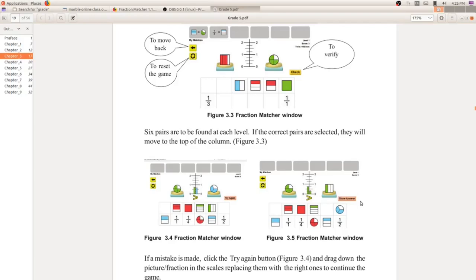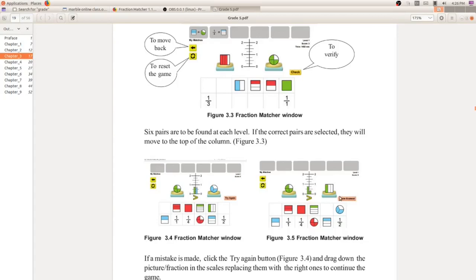Okay, so I repeat, if you are doing the wrong answer for the first time, then it will show the try again button. You can try one more time. That is the meaning. If you are doing the wrong answer for the second time, again you are making a mistake, then it will show this button, show answer.